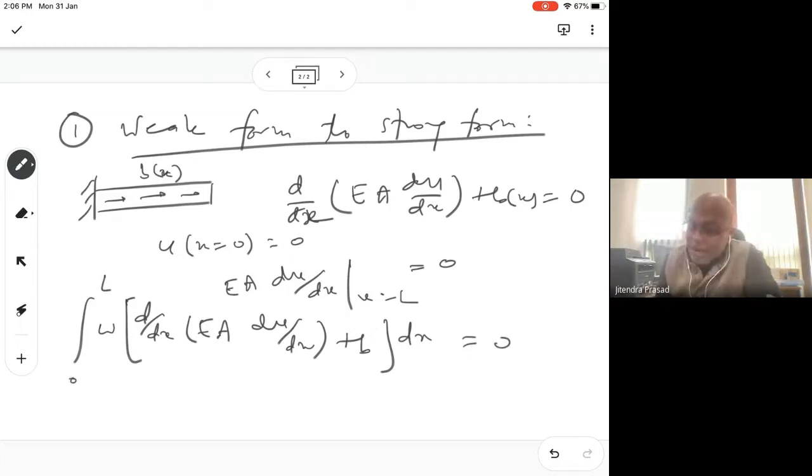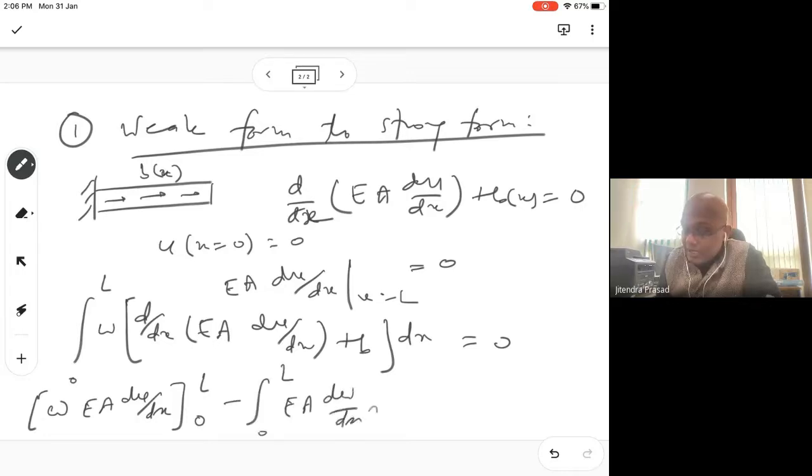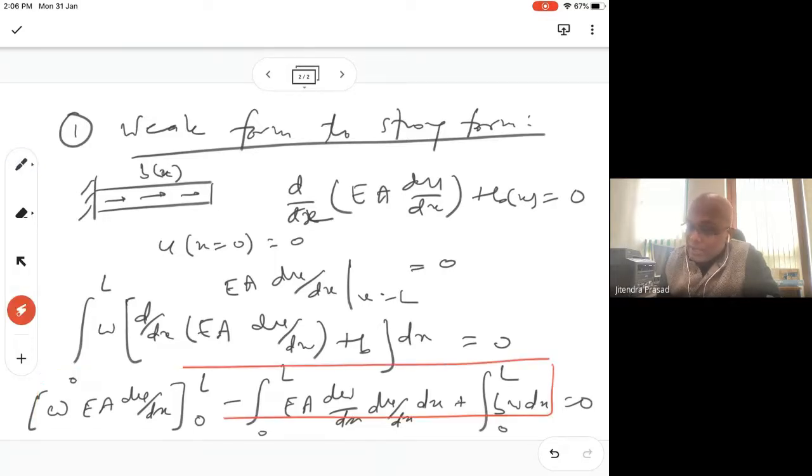Finally what we got was w EA du over dx from L to 0, minus the integral from 0 to L of EA dw over dx du over dx, plus the integral of bw dx, equal to 0. This is what we called the weak formulation.